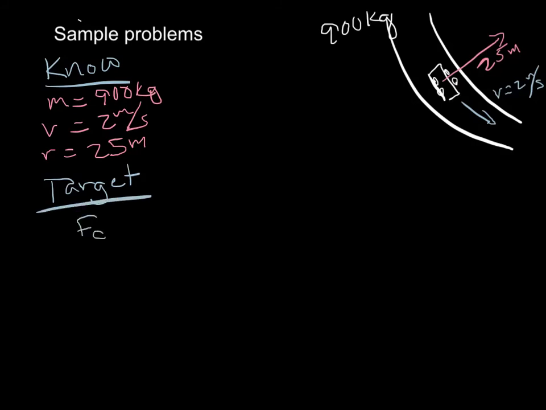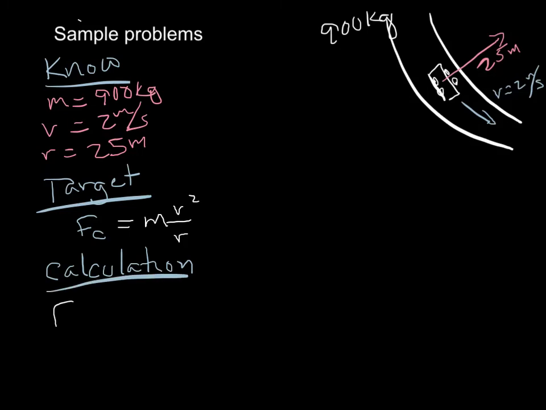Is there an equation we know? Yes, we do. We'll refer back to Newton's second law of motion and modify it for centripetal acceleration. So force is equal to mass times velocity squared divided by the radius. Do we have enough information to solve our problem? Yes, we do. So what would our calculation look like?